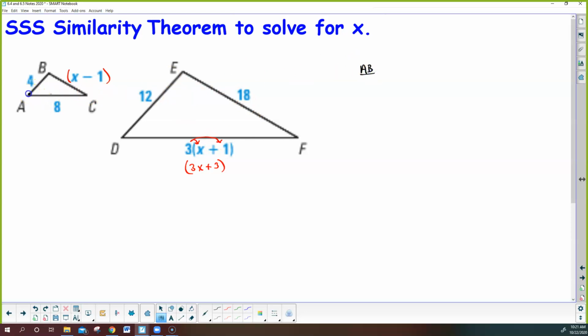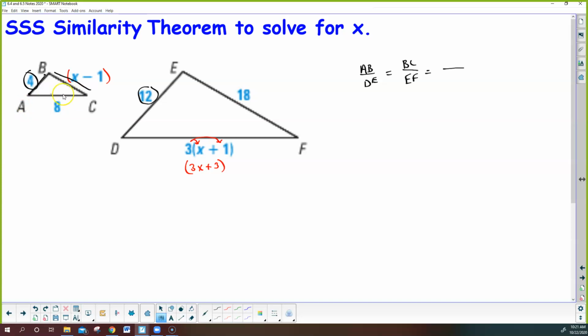What has to be true? AB is the small side of this triangle. So I'm going to match small to small. AB is going to be compared to DE. And that ratio has to be the same as BC, which is the medium length, compared to the medium length of the other triangle, which is EF.